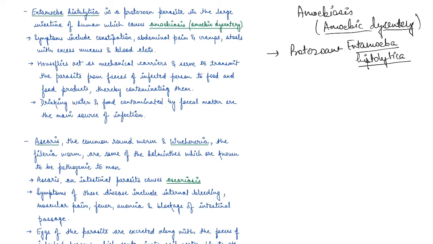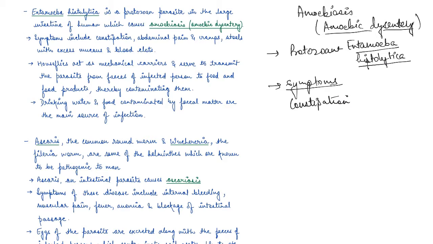So Entamoeba histolytica is a protozoan parasite which is present in the large intestine of humans, and it causes amoebic dysentery. Now the symptoms of this disease include constipation.